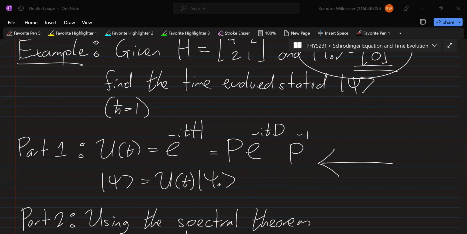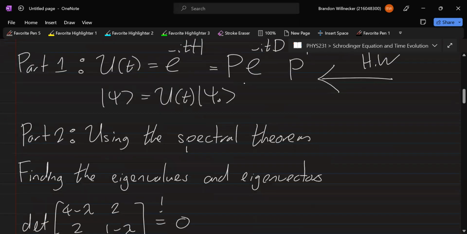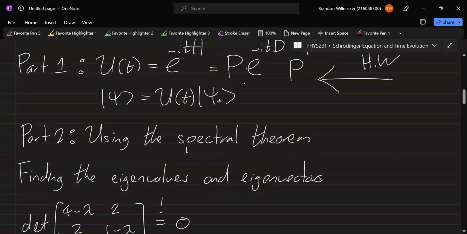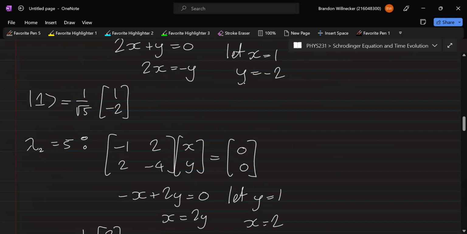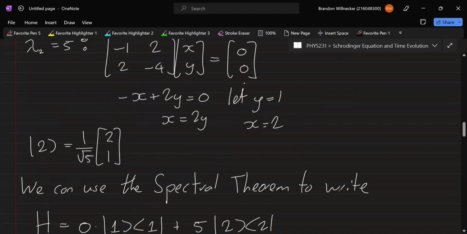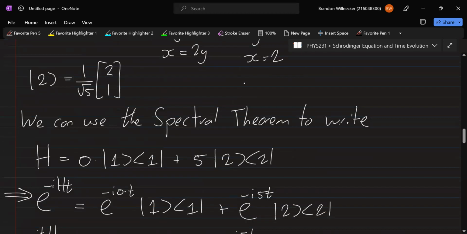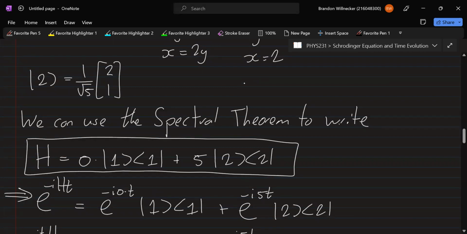And then that was for homework. Or you could use the spectral theorem and work with eigenvalues and projectors. So we find the eigenvalues, and then to find the projectors, we need to find the normalized eigenvectors, 1 and 2. Then using the spectral theorem, we can write out the Hamiltonian as such, where we have lambda 1 times the first projector plus lambda 2 times the second projector.